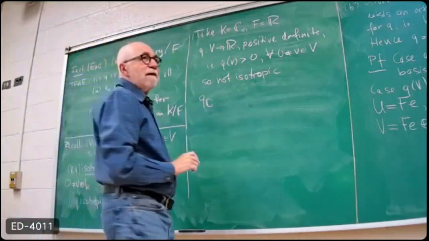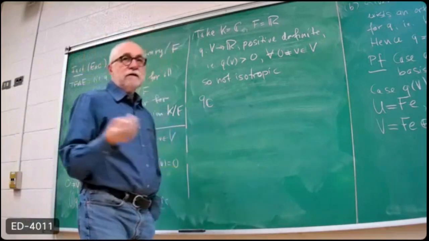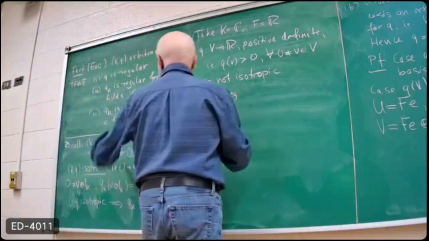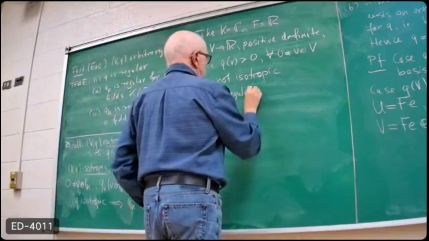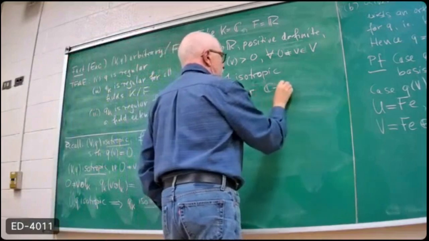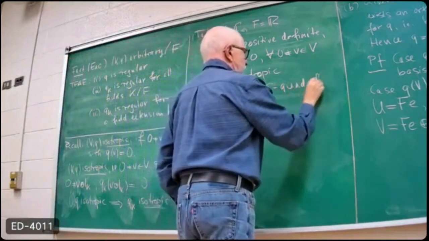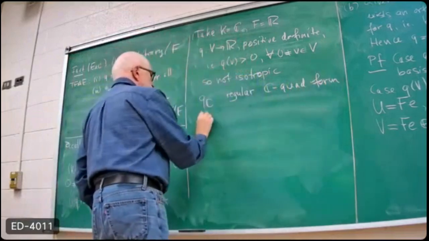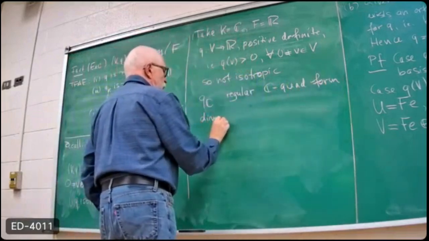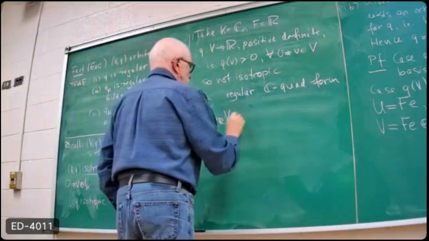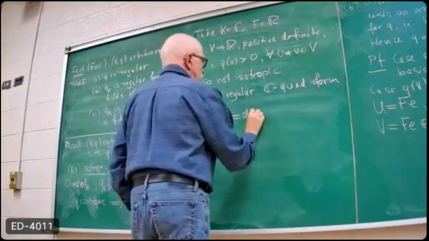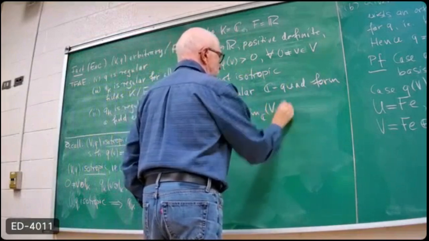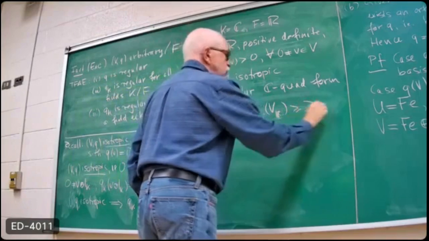Well, we get a nice regular quadratic form. However, the dimension over C of V_C is at least 2.